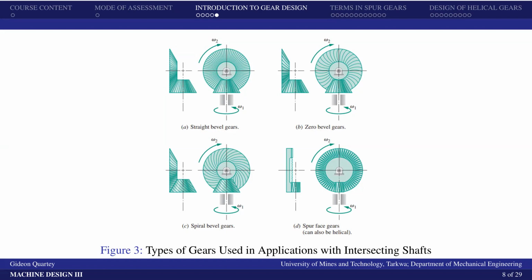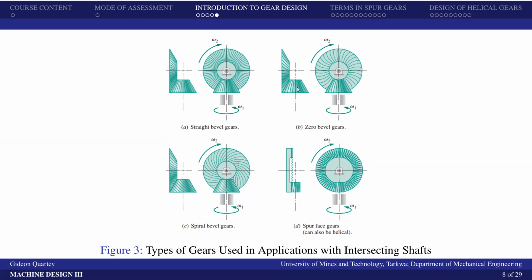Then we also have the zero bevel gear, which is like this one here. It is similar to the straight tooth bevel gear, but in the zero bevel gear the teeth are inclined, somehow curved at a certain angle.